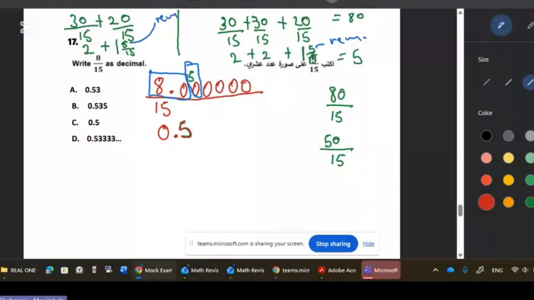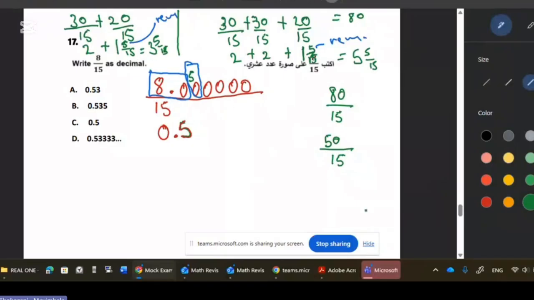What is 2 plus 1? 3. The answer there will be 3, remainder 5 over 15.